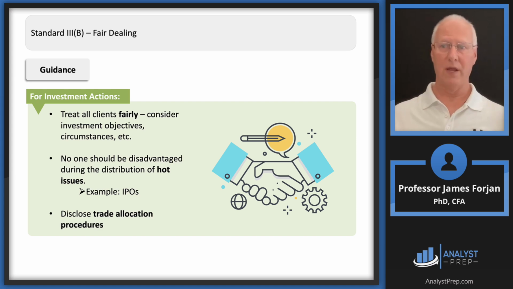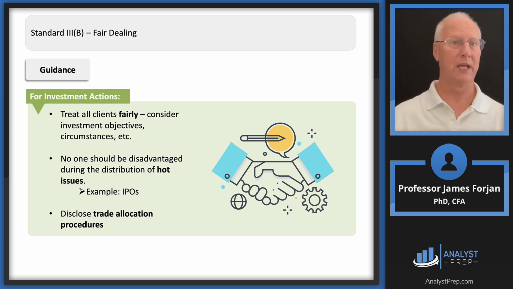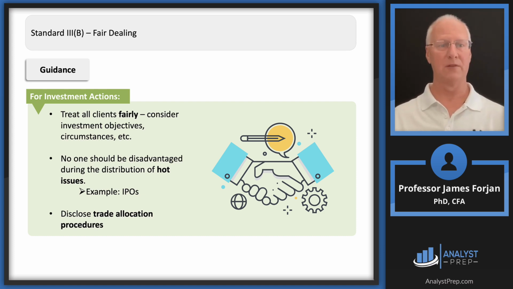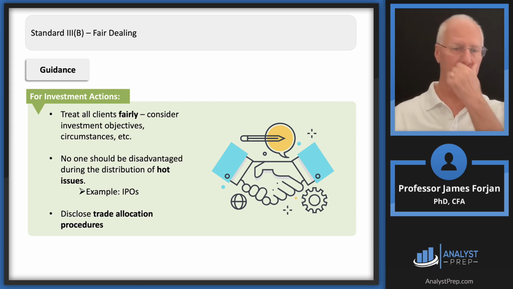But another client, the retail sector, might be totally inappropriate. So just because we do something for one client with Target and Walmart doesn't mean we have to do the same thing, right? So fairly means that we consider everything that we've thrown together inside of that policy statement, which means that there should be no disadvantaged clients, especially during initial public offerings and seasoned equity offerings.